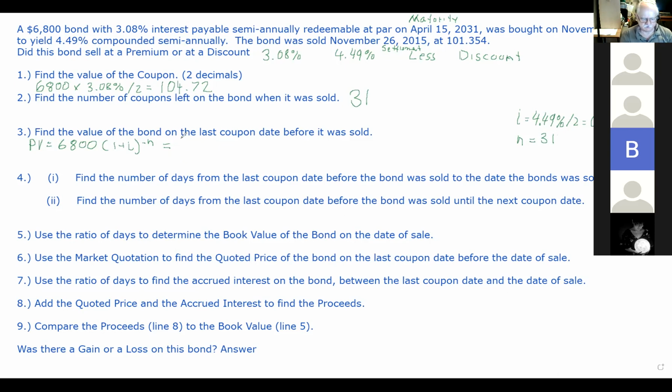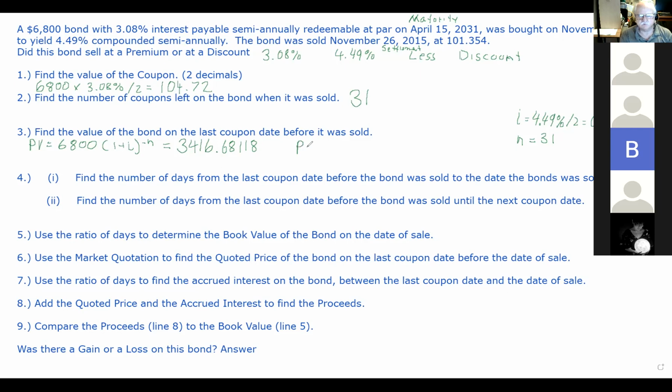So the present value of the bond itself is 3416.68, and it's 68118. I have a bad habit of rounding this off, but the textbook tells us not to round it off, so I'll try to not round it off.